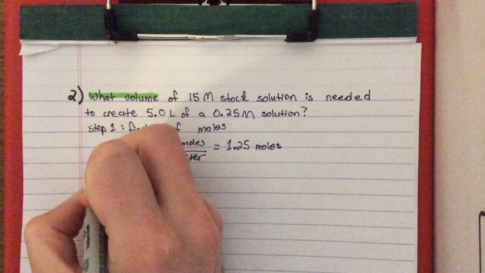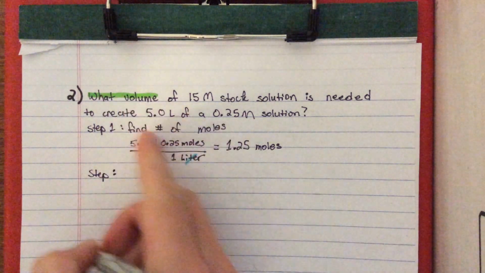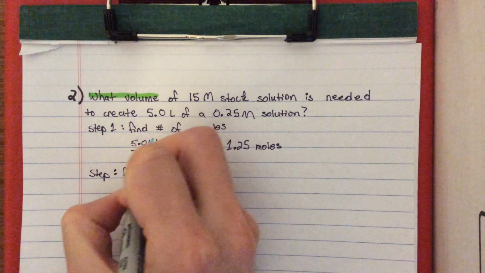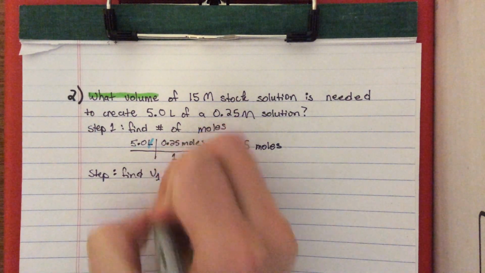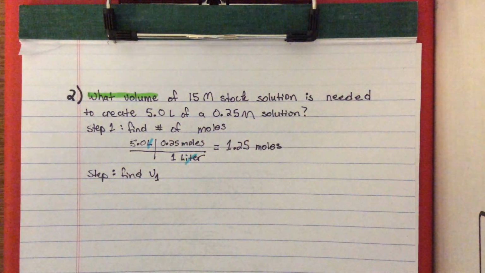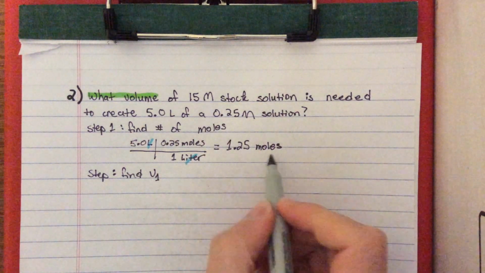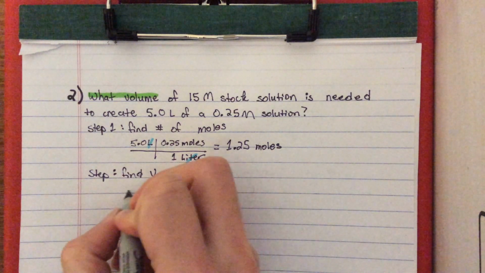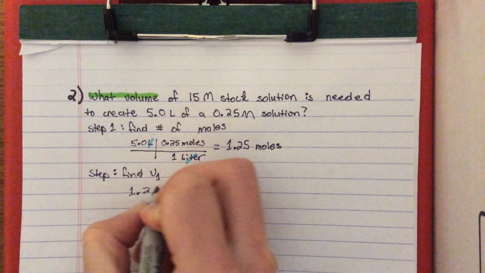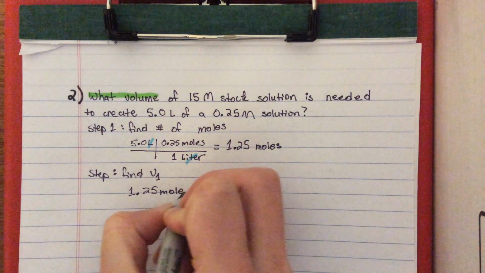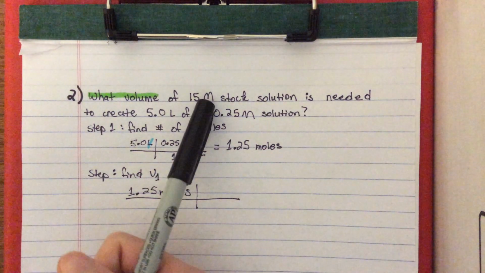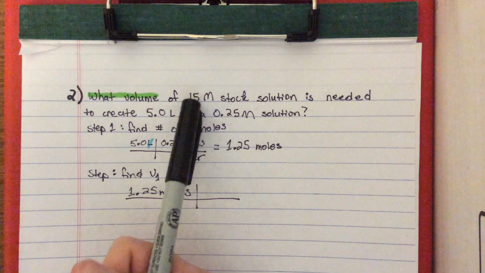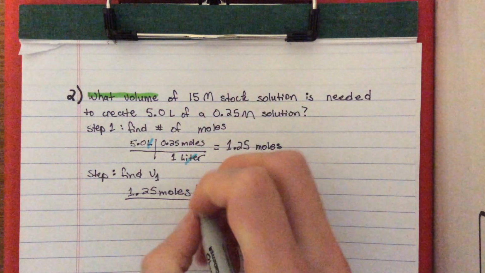Then we can find what the question is looking for. In this case, the initial volume, the volume of the stock solution. And so we're going to use this number of moles that we just calculated to start our railroad tracks, since it is not a ratio. We'll put that in the top left. And then we're going to use the molarity of the stock solution.